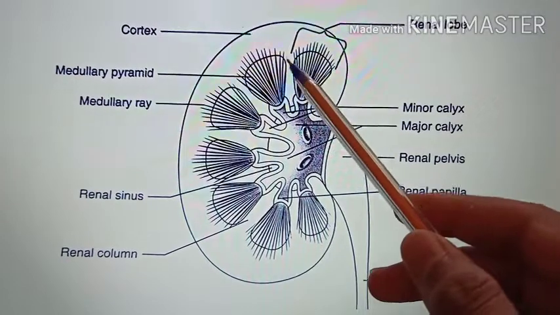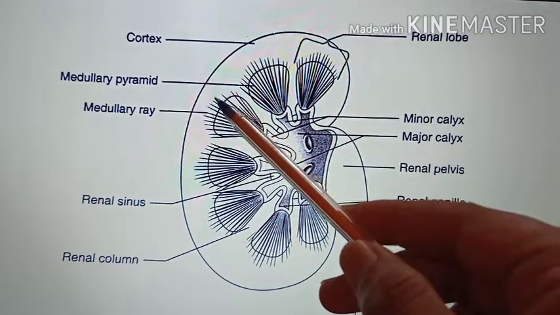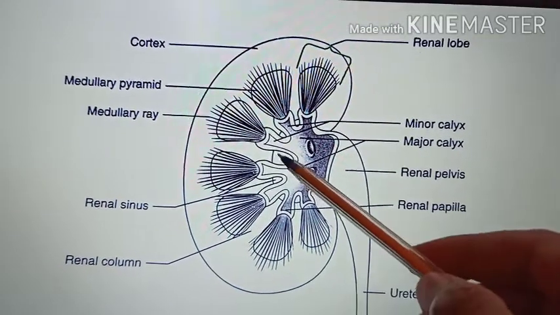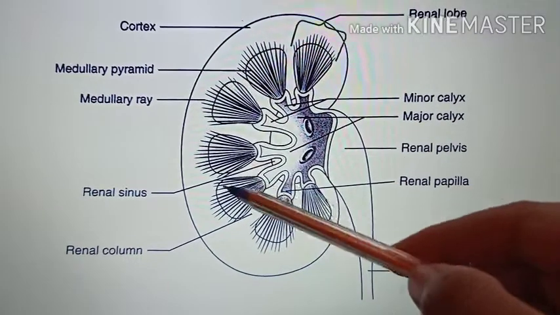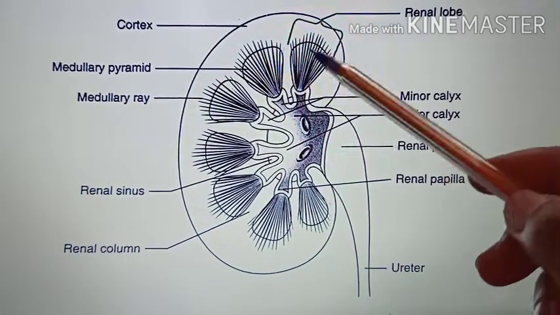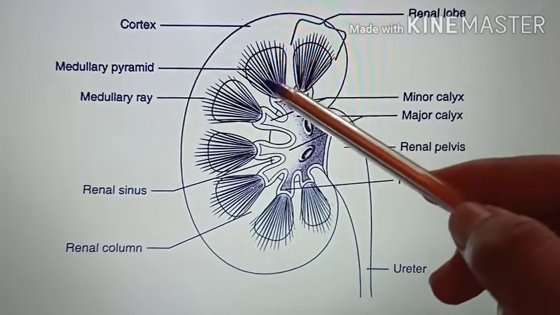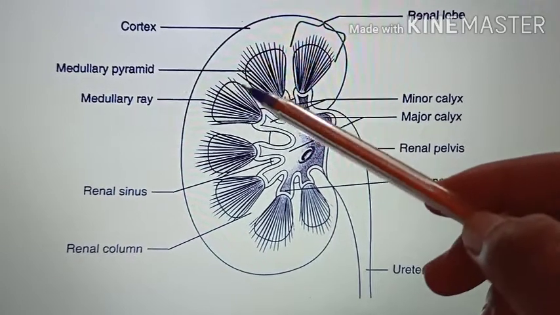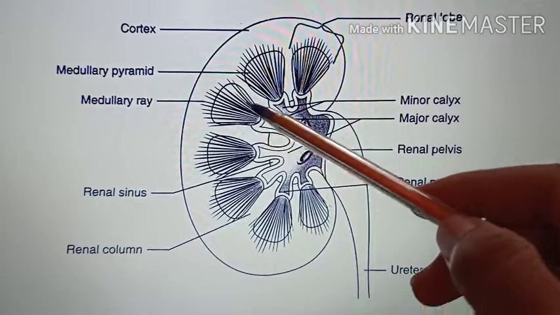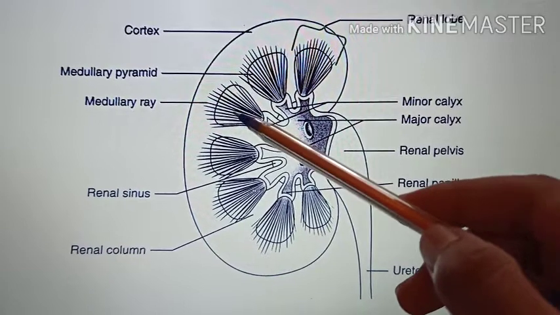In this diagram, this is the outer cortex, whereas this is the medulla. The medulla portion of the kidney is made up of triangular areas of renal tissue called the renal pyramids or the medullary pyramids.